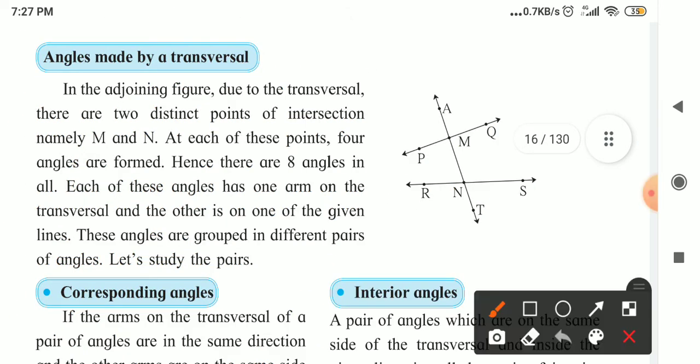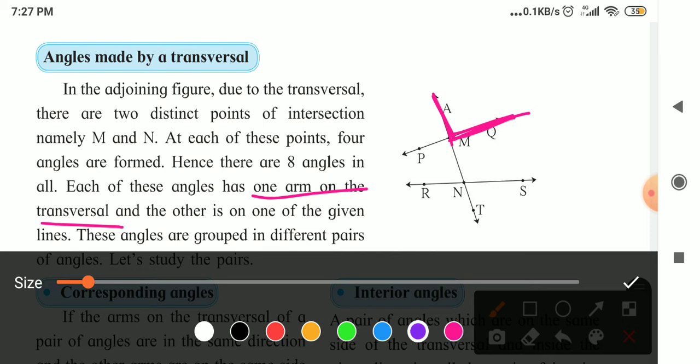Then each of these angles has one arm on the transversal. If you see here, I will draw the angle AMQ. One arm, if we consider this side, this angle AMQ, one arm is on the transversal. See, AM is on the transversal. If I consider angle QMN, one arm is on the transversal. The transversal is AT.